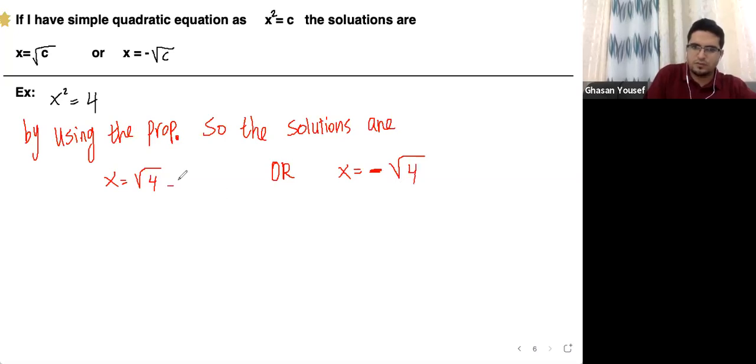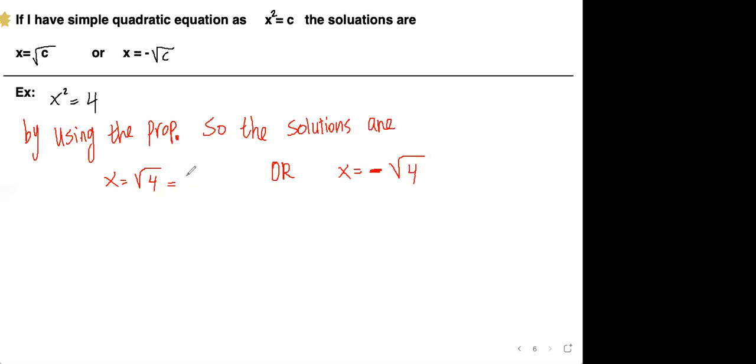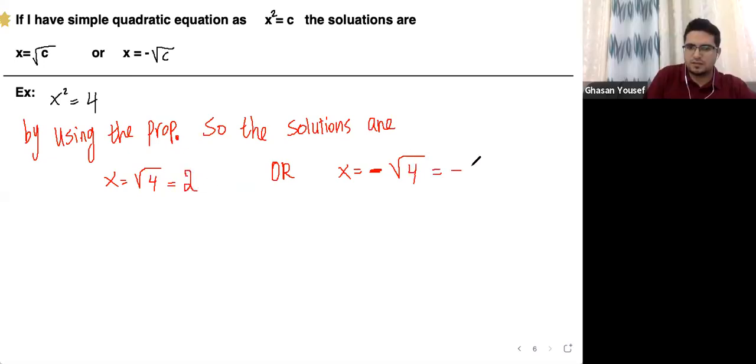What is the square root of 4? Plus or minus 2. Plus 2 here, and here is minus 2. So the solution for this simple quadratic equation is positive 2 or negative 2 by using this property.